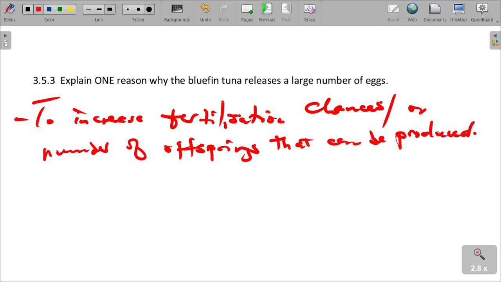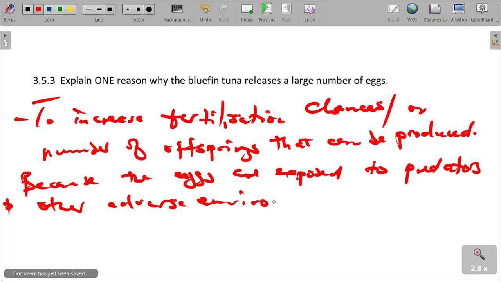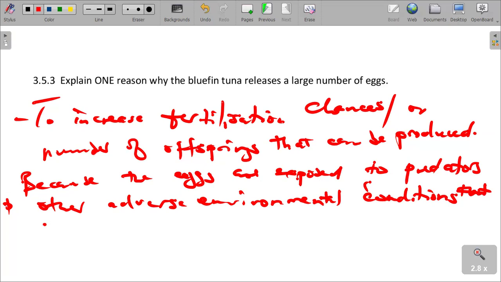Eggs may be lost to predators, and there are also environmental factors that can affect these eggs, because the eggs are exposed to predators and other adverse environmental conditions that will destroy them.